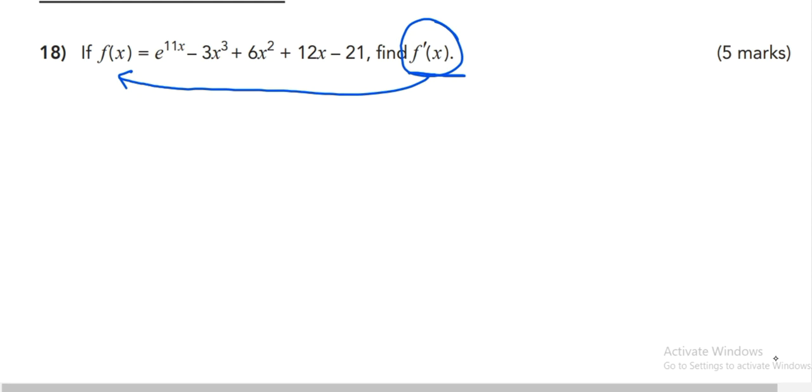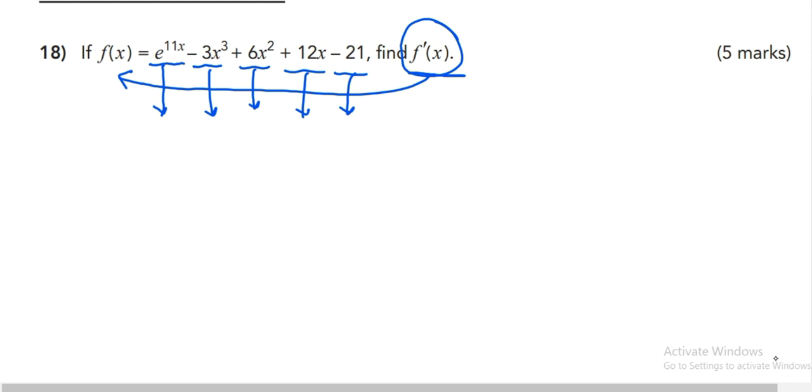To differentiate this expression, we can see that this expression consists of some parts between all of them plus or minus. No multiplication or division. So simply we will differentiate each part separately. The first part, the second part, third part, fourth part, fifth part, and write the answers beside each other. We will differentiate each part according to its type or form.